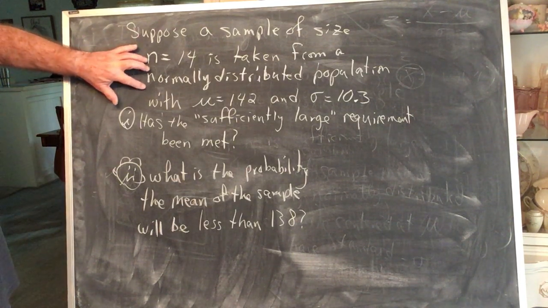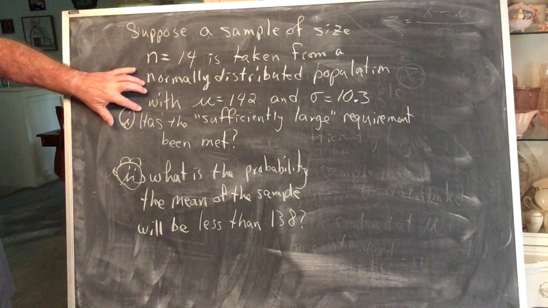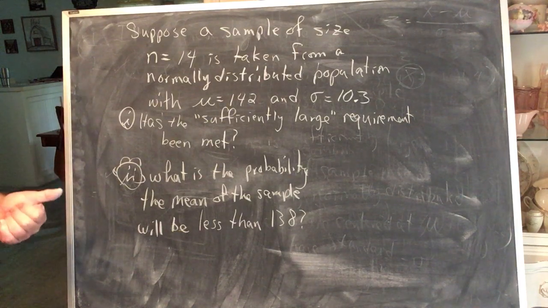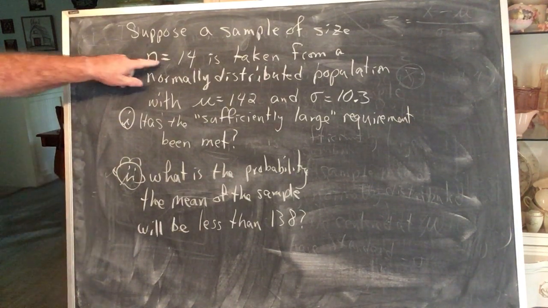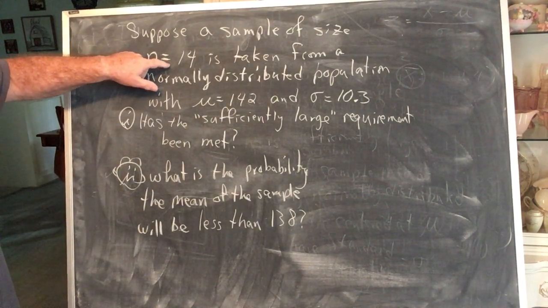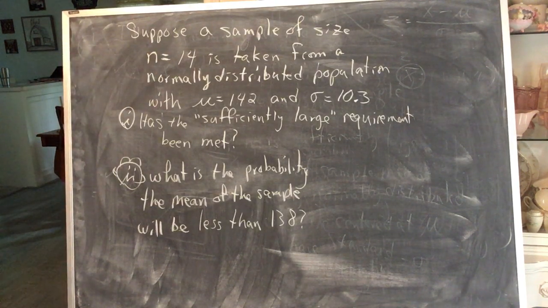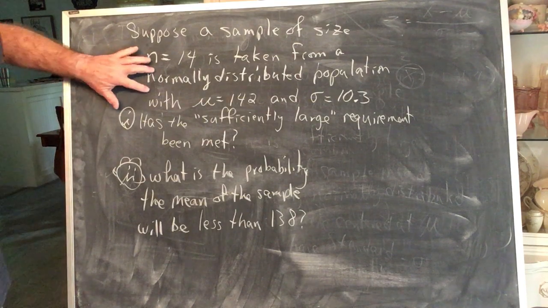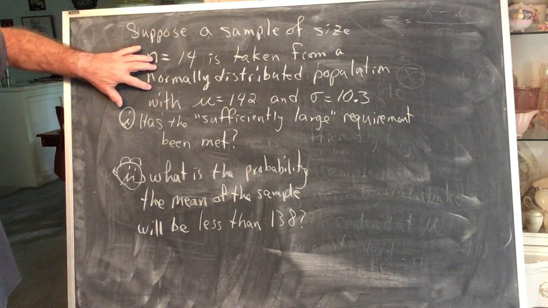Have we met the sufficiently large requirement? Well, what are the two ways to meet it? One way is if the sample size is 30 or more. We have not met the 30 or more condition, so that one's right out. But what's the other possibility? Yes, if the original population is known to be normally distributed.